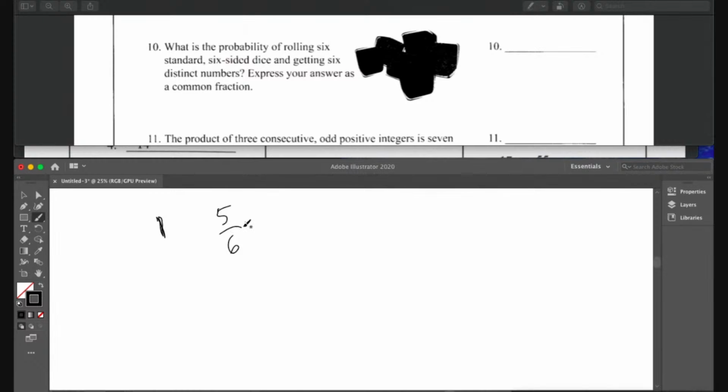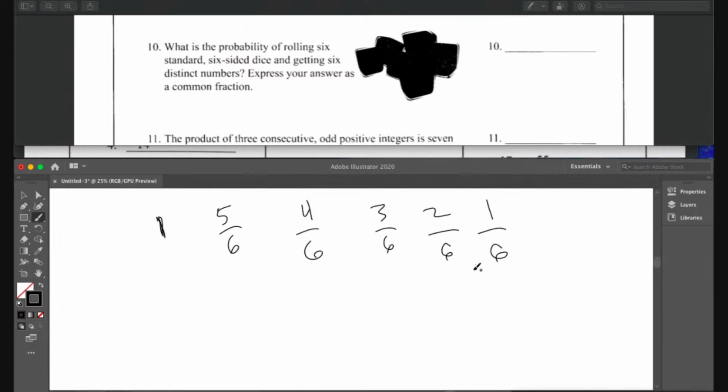And then after you've rolled the second die, we said that was distinct, right? So now we have two distinct numbers that have been rolled from all the six possible numbers. So our third die can only roll four out of the six possible numbers, so the probability of it keeping everything distinct is going to be 4/6. And you can see that it's just going to be this pattern, so then I'm going to have 3/6, then 2/6, and 1/6.